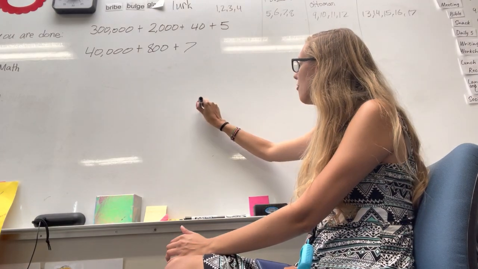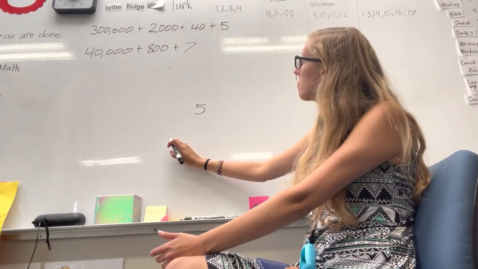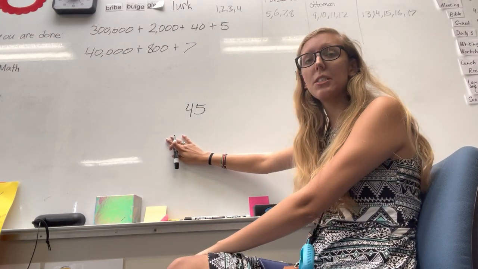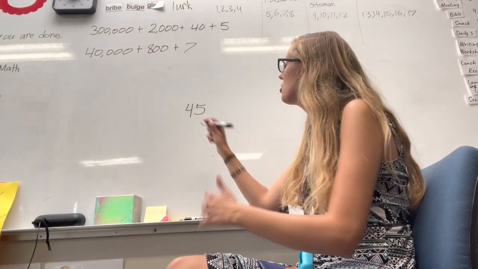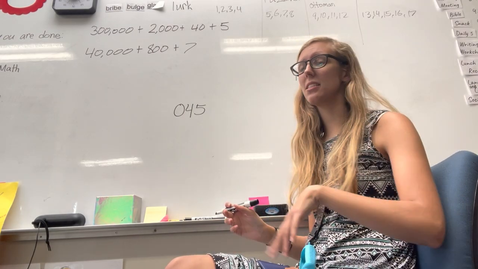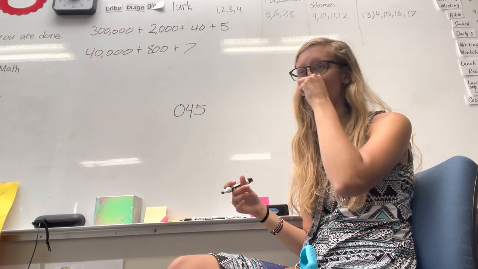Well, we have a 5. Now I'm gonna ask myself, what do I have in my tens place? I see I have a 4 in my tens place. Now what do I have in my hundreds place? Well, there's nothing in the hundreds place. So I'm gonna put a 0. It's very important that if there's nothing in the hundreds place or in the thousands place or in any of the places that we put a 0 there.